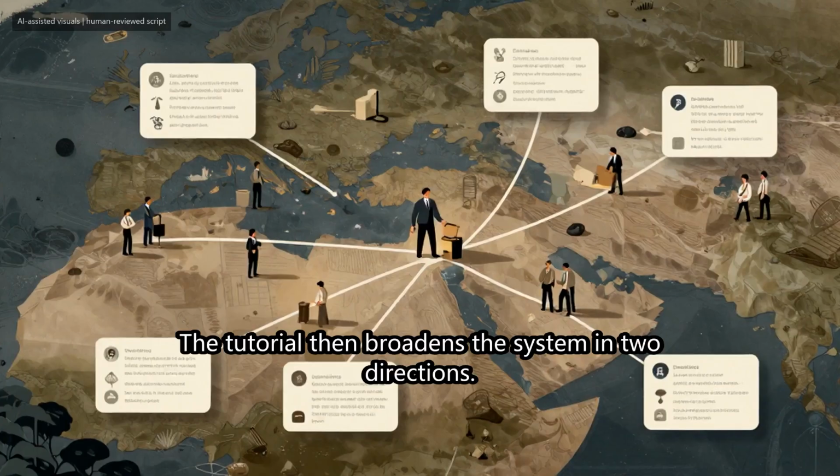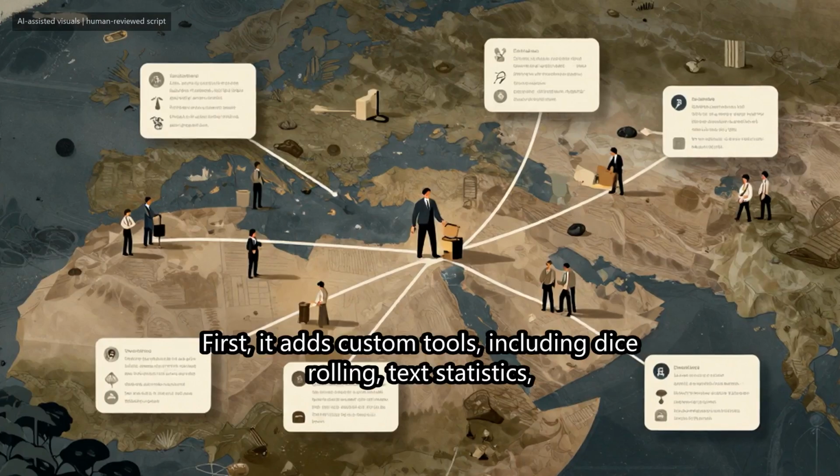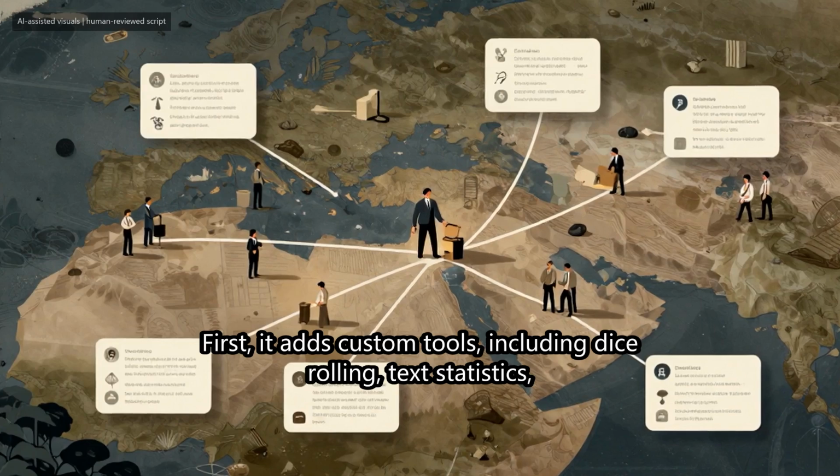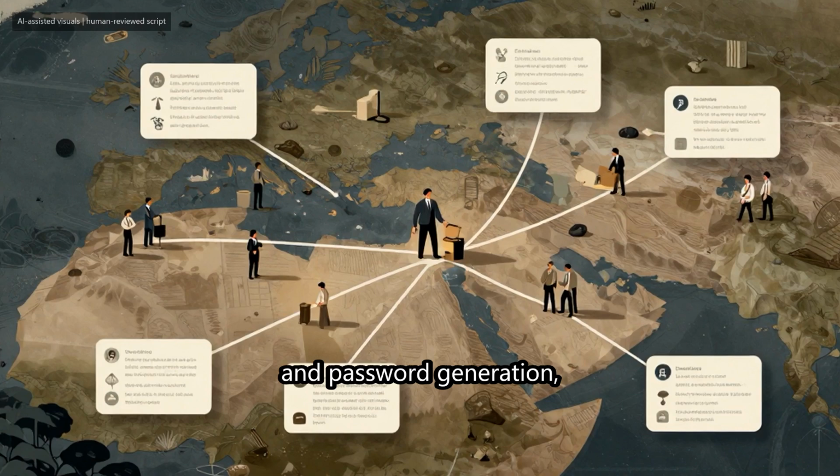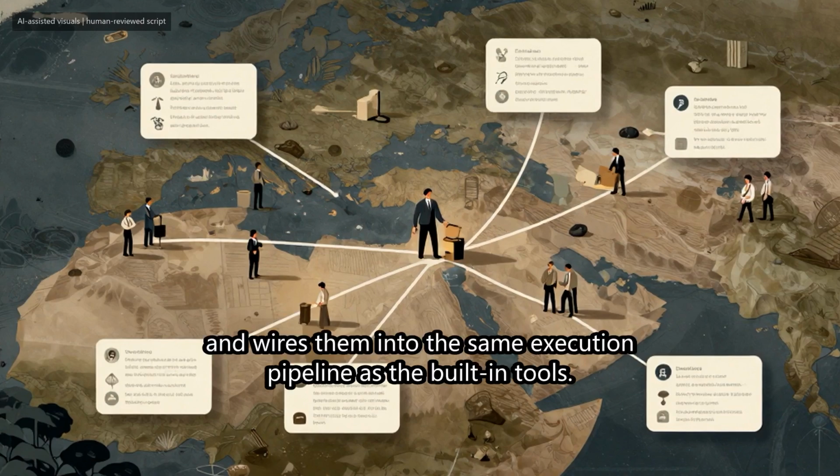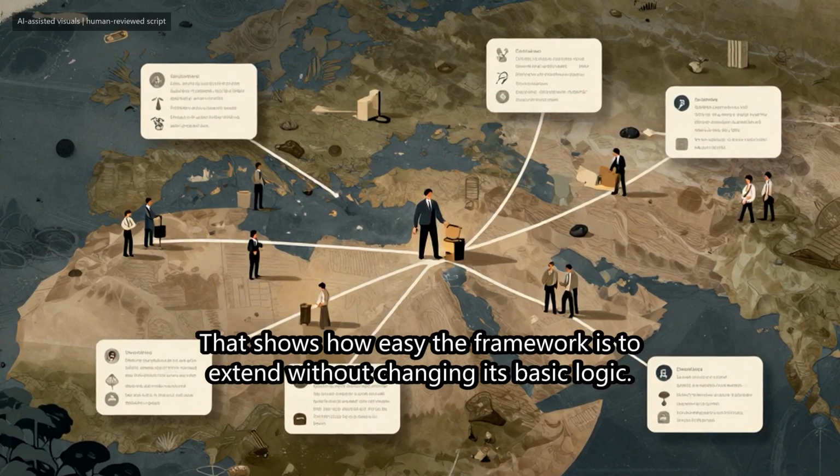The tutorial then broadens the system in two directions. First, it adds custom tools, including dice rolling, text statistics, and password generation, and wires them into the same execution pipeline as the built-in tools. That shows how easy the framework is to extend without changing its basic logic.